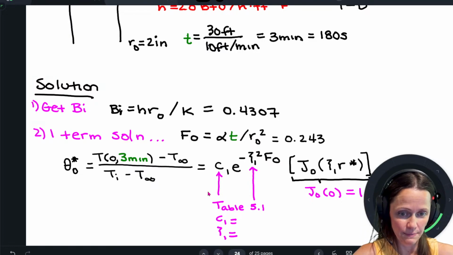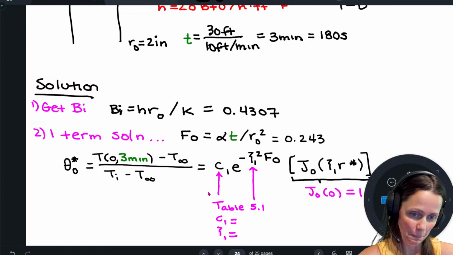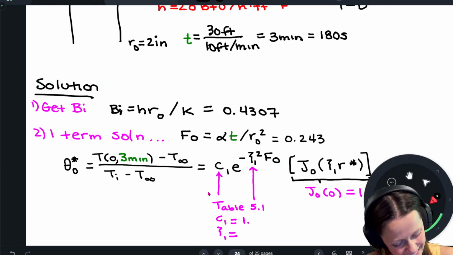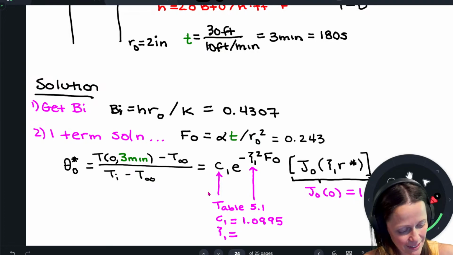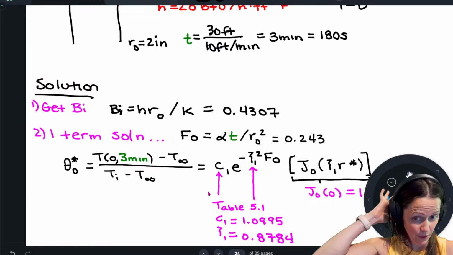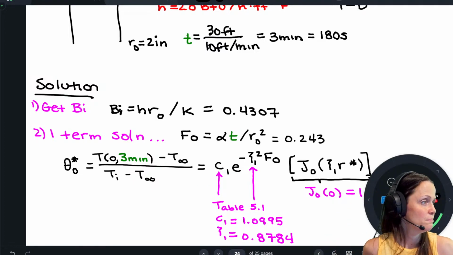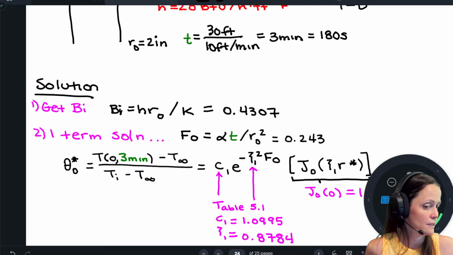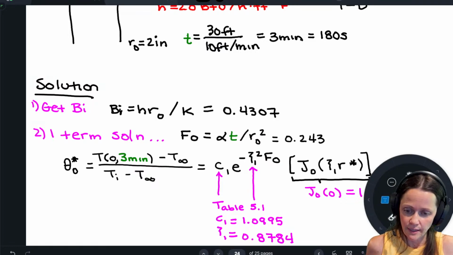Then my C1, again, 1.0995, and my zeta 0.8784. Okay. Perfect. All right.